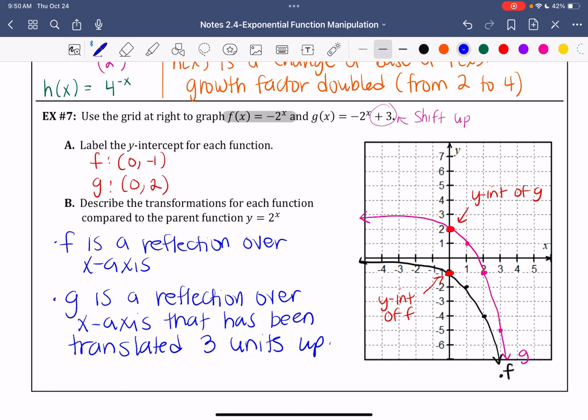One of the cool things about this one is the asymptote is usually right on top of the x-axis. When you have a vertical shift, that actually tells you where your new asymptote is going to be. So the asymptote is now at 3.